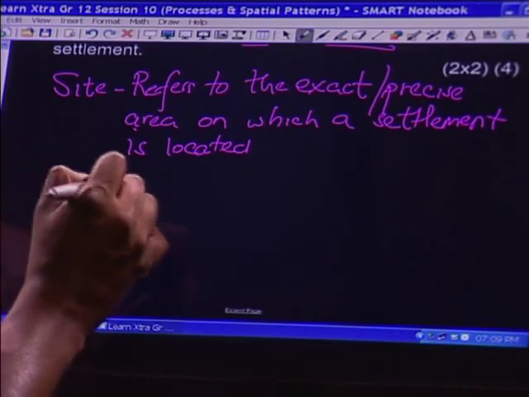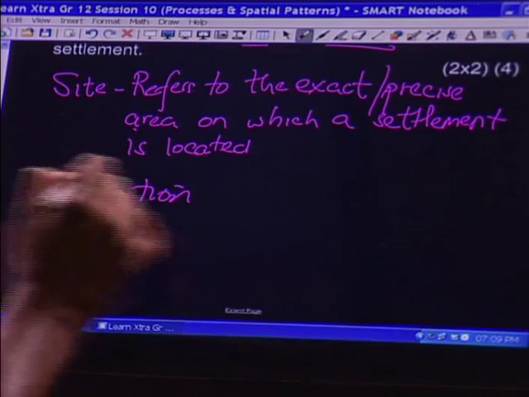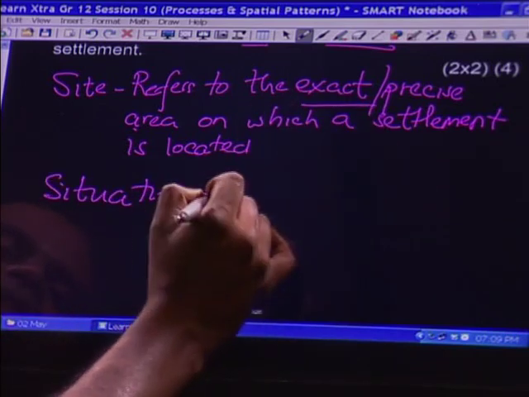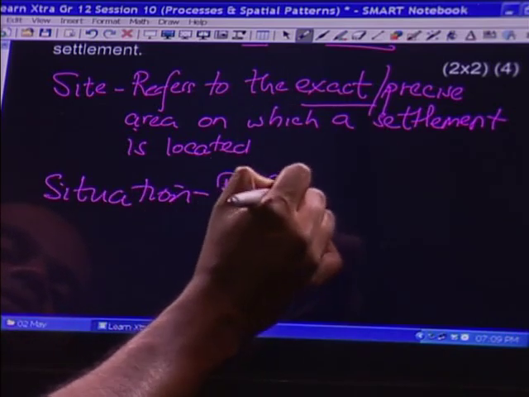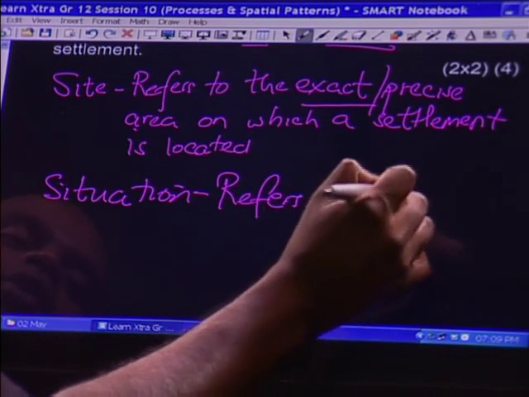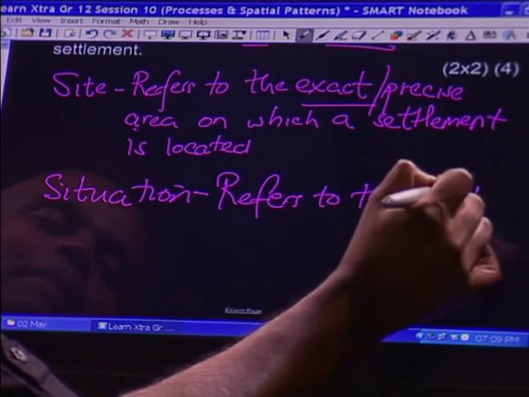Situation, the key word that we refer to, refers to the correct relationship.